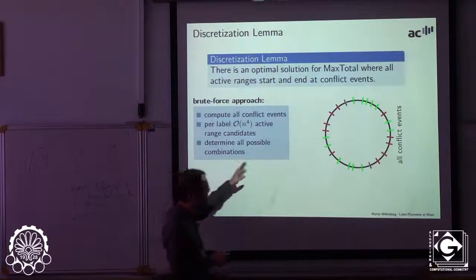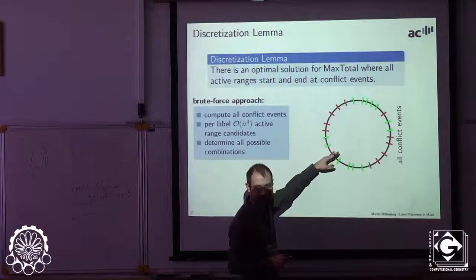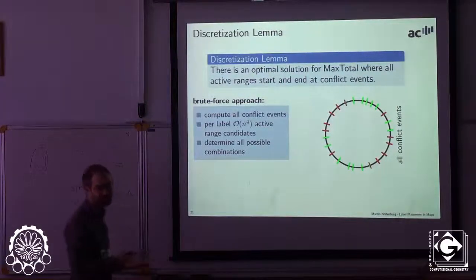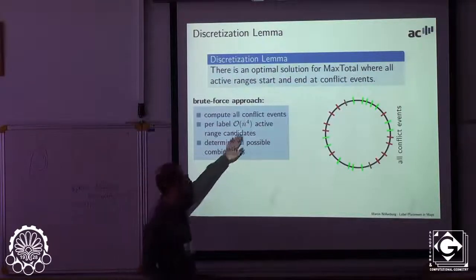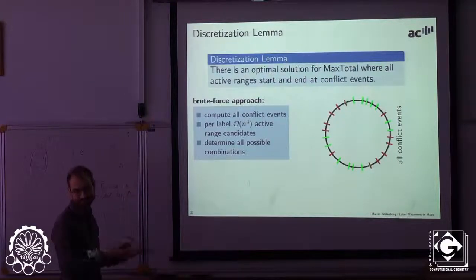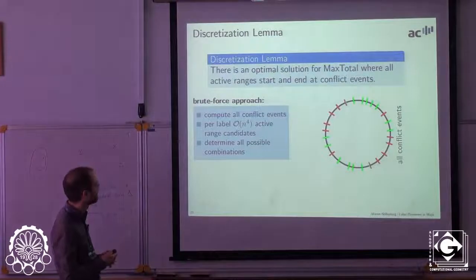It never makes sense to start a label in between 2 conflict events. You could always change to a canonical labeling with the same value that starts at one of the discrete events. That's a standard trick. And because you can choose any pair of these events as a potential candidate for the active range, this gives you n to the 4. Then if you go over all combinations, you will find the best labeling. But of course, that's exhaustive search.